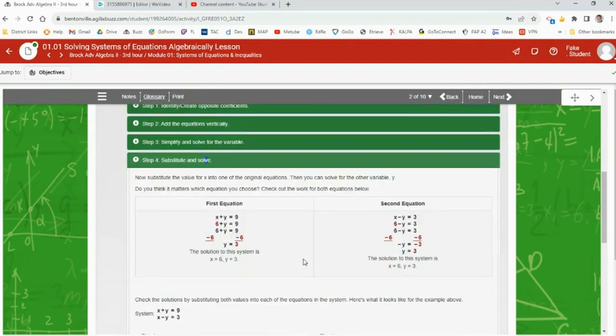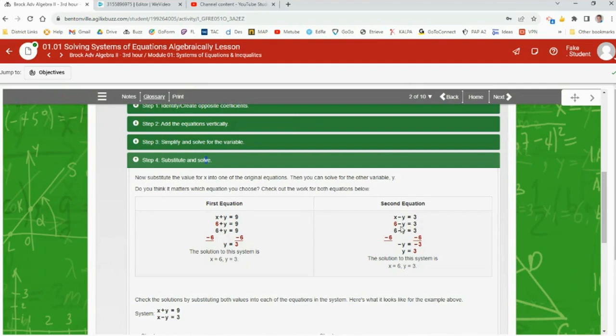So if we chose the first equation, it'd be 6 plus y equals 9. Subtract 6 from each side, y would equal 3, right? Because 6 plus 3 equals 9. So the answer is x equals 6, y equals 3. If we decide to do the second equation instead, x minus y equals 3.